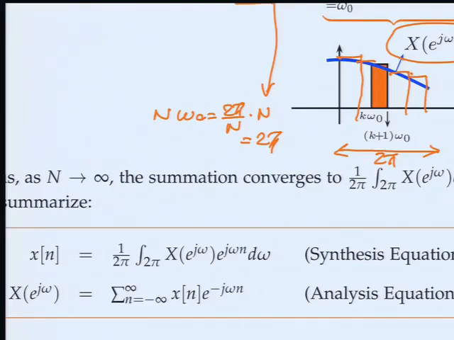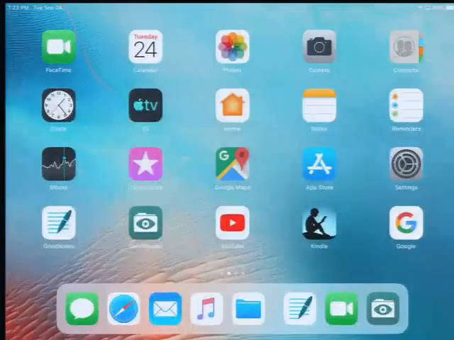It's a summation instead of an integral. Another difference in discrete time is in the synthesis equation. You're not integrating X over the whole frequency variable from negative infinity to infinity. It's only over a period of 2 pi. The reason comes from an important property of the discrete time Fourier transform. It is periodic. Okay? Why is it periodic? Let's go to the notes.